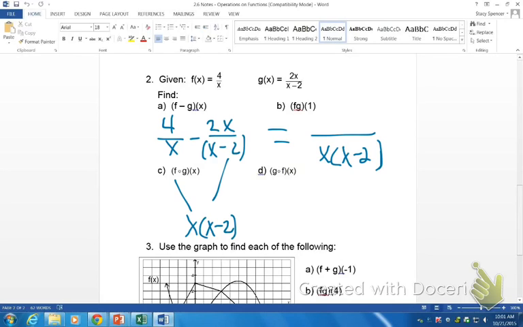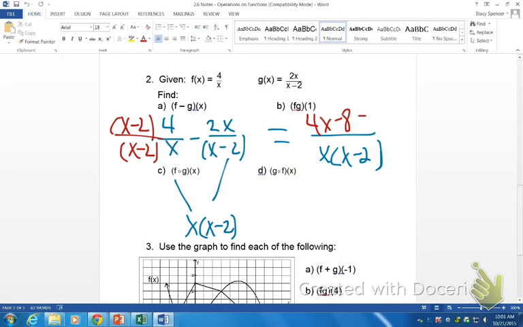So what did you multiply here with the x to give you the common denominator? X minus 2. So if you multiplied by x minus 2 in the denominator, we do the same in the numerator. So what would that give you? 4x minus 8. Then we have minus. Let's do it again. What did you multiply with the x minus 2 to give you your common denominator?